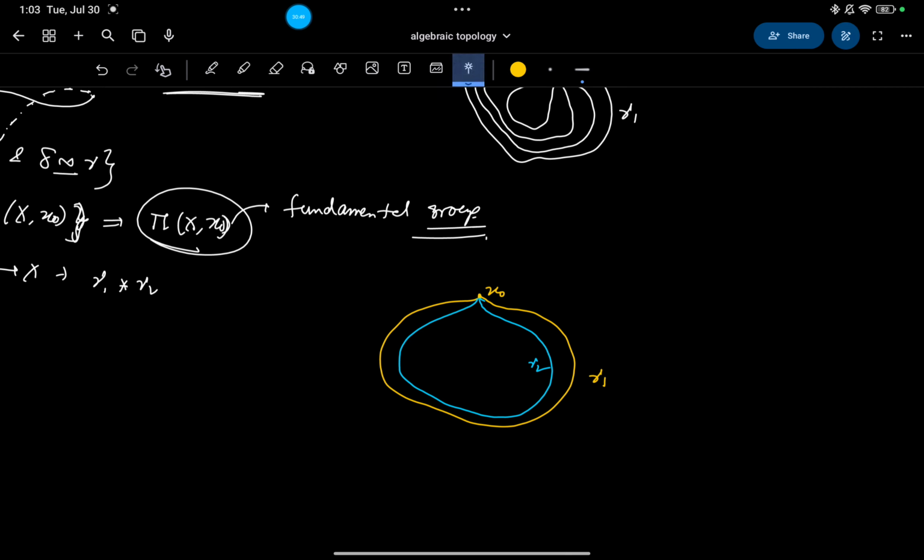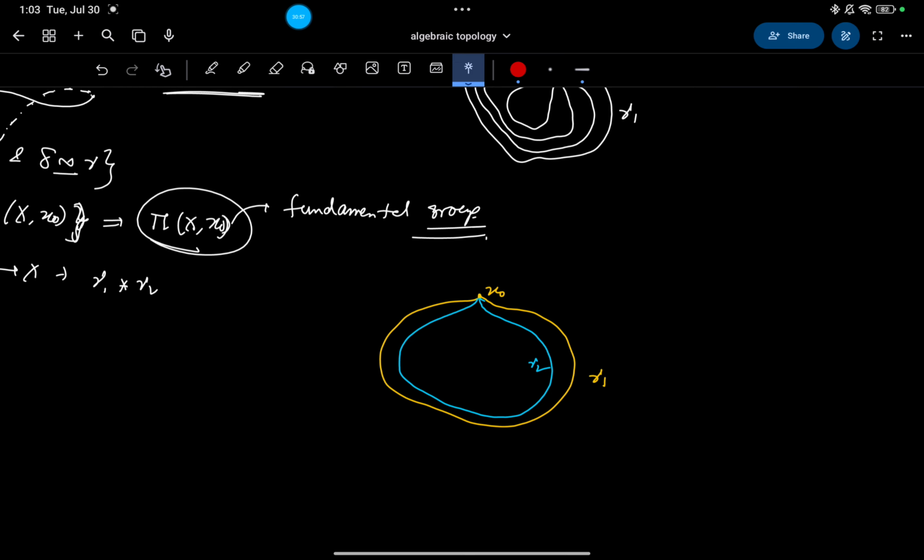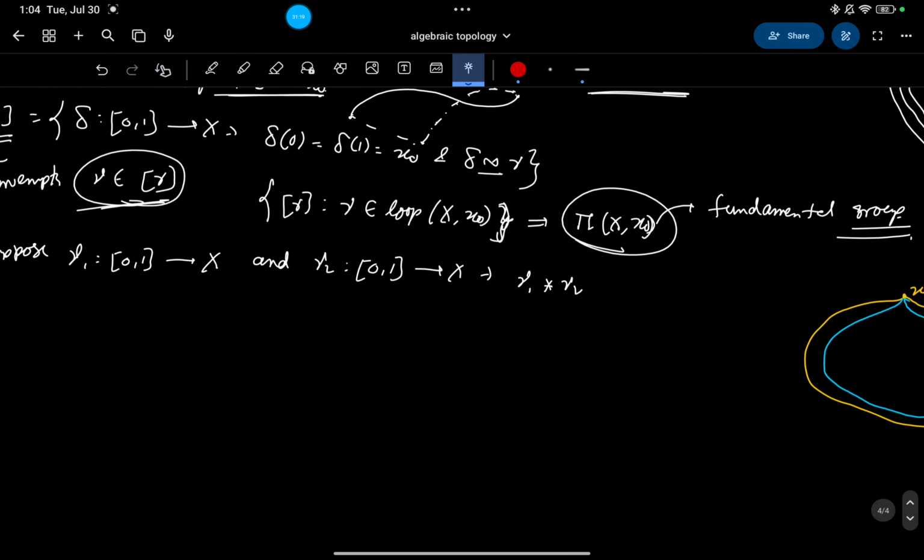Gamma 1 concatenated with gamma 2 means that in the first half of the time it will run over gamma 1 and come back to x naught. In the next half of the time it will run over gamma 2 and come back to x naught. This is the path that I obtain via concatenation.